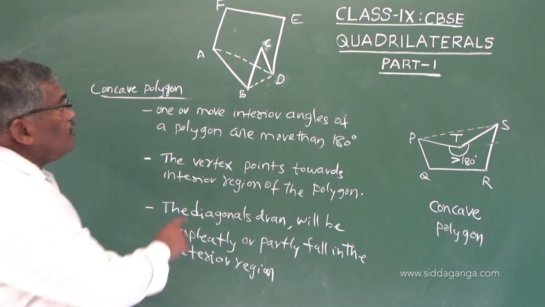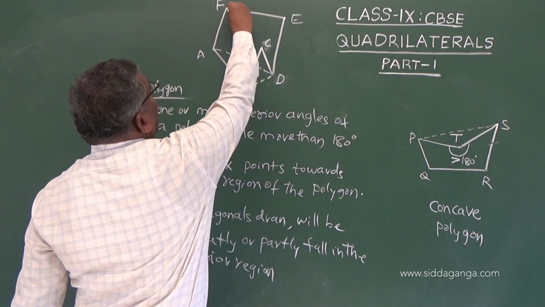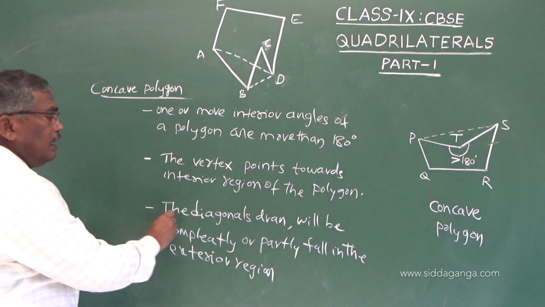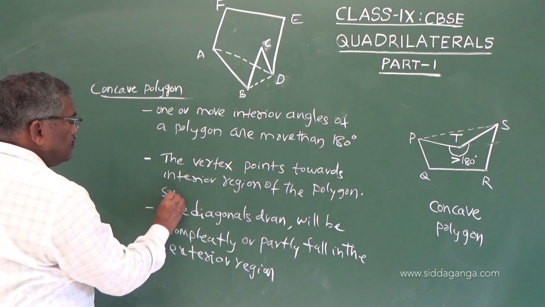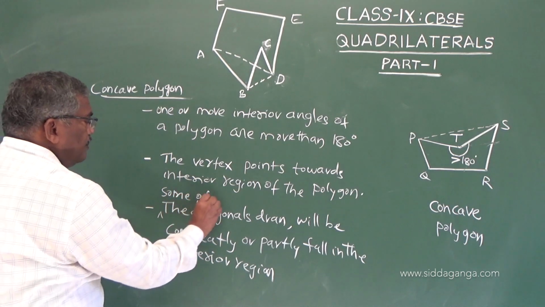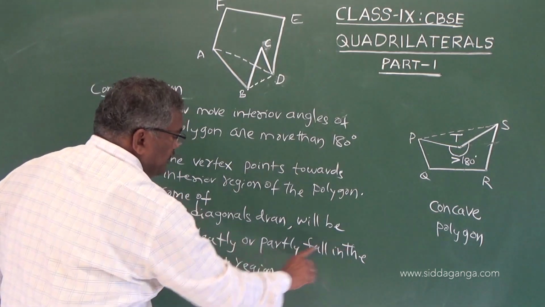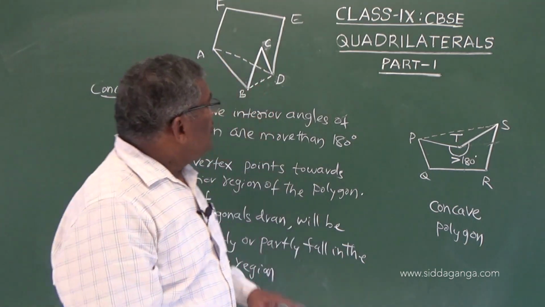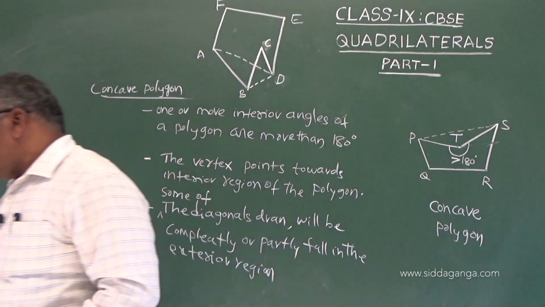Not all the diagonals: if you draw AE, it will be totally inside. If you draw CF, it is totally inside. So some of the diagonals drawn will be completely or partly in the exterior region. This is the main difference between a concave polygon and a convex polygon.